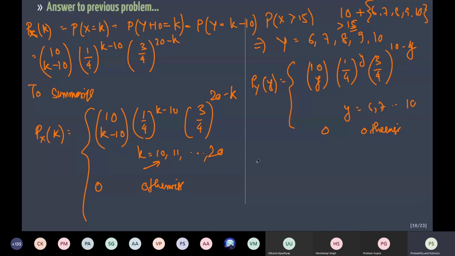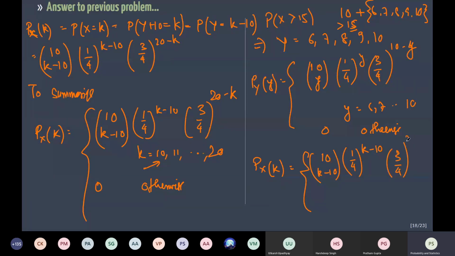The probability of x for these y values can be computed now as 10 choose k minus 10 and 1/4. I'm just repeating in some sense, but what I'm trying to say is that things now boil down to this.